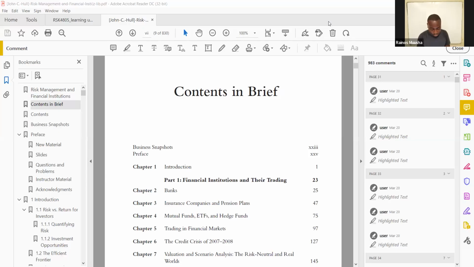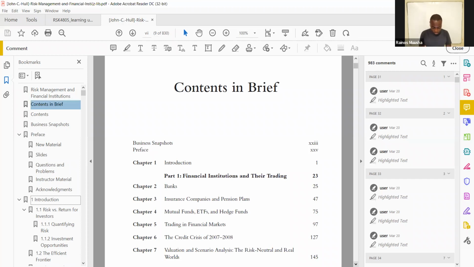So if you look at the material in the textbook, you'll see that Chapter 1 looks at the introduction, where you look at what is risk, how do you calculate the risk, and how do you calculate the expected return?